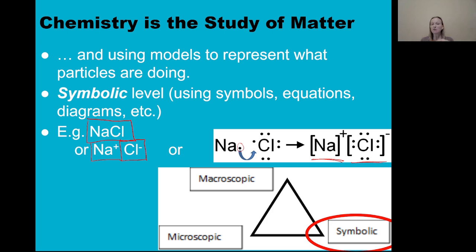And sometimes there's more than one representation, and the one we choose is just right for the particular situation depending on what we want to show. And so I will try to point out to you as we go throughout the year the relationship between these three, like, hey, this is the macroscopic thing that we see with our eyes. How do we represent this microscopically with particles, and how do we represent this symbolically?